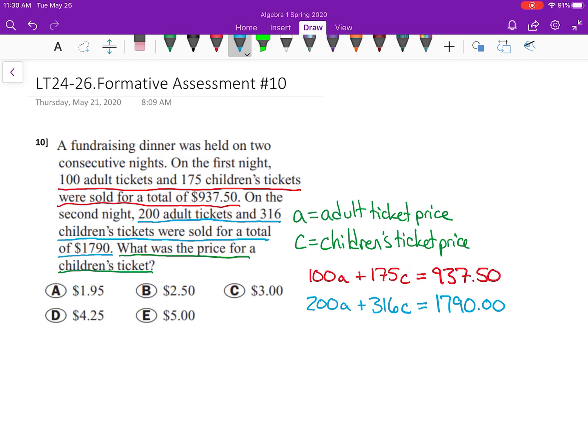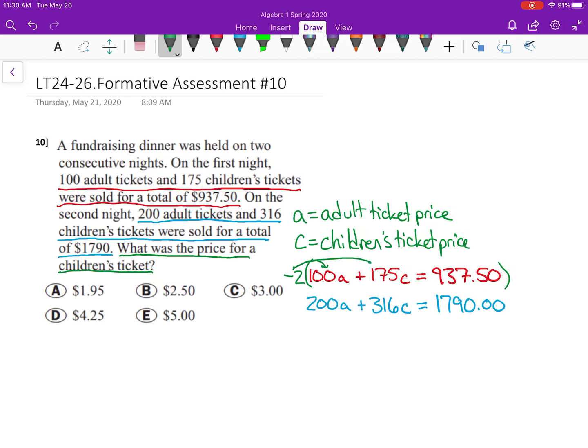Elimination, though, looks kind of enticing to me, because when I look at the A terms, I notice that while they don't eliminate the way they are, if I take my first equation and I multiply that A term by -2, that's going to create -200A, which will eliminate the positive 200A below it.